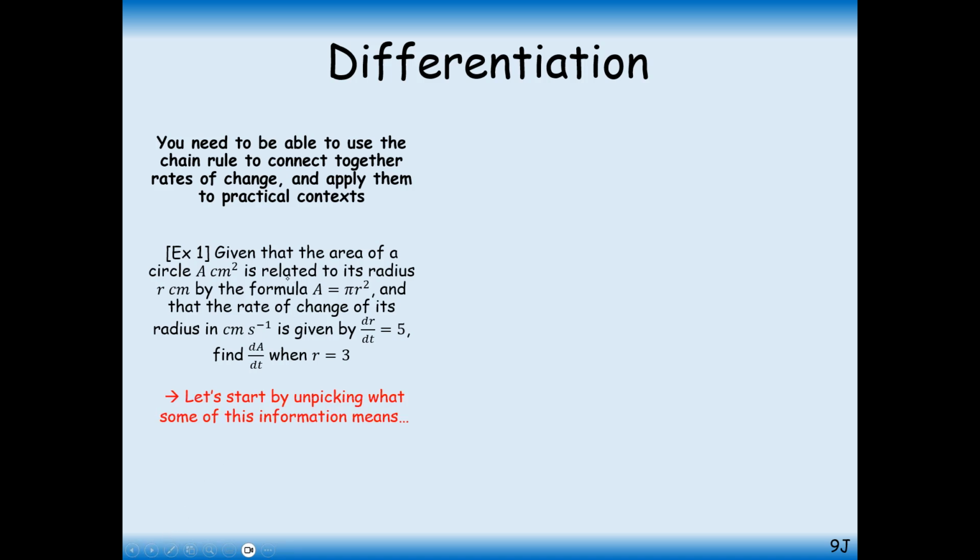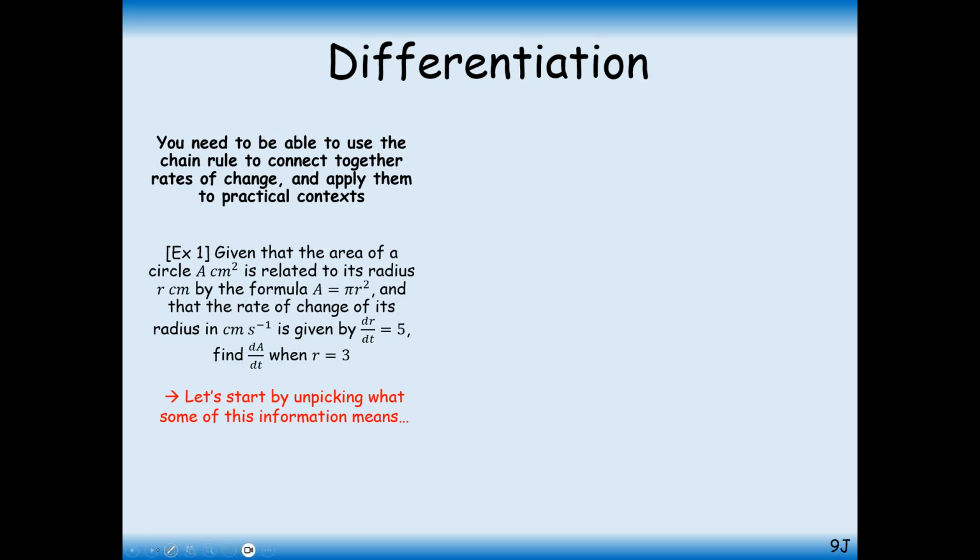Let's read the question: given that the area of a circle is a fixed value of A centimeters squared and it's related to its radius r centimeters with this formula, the rate of change of its radius is given by dr by dt, which is 5, and we are to calculate the rate of change of area with respect to time when r equals 3.